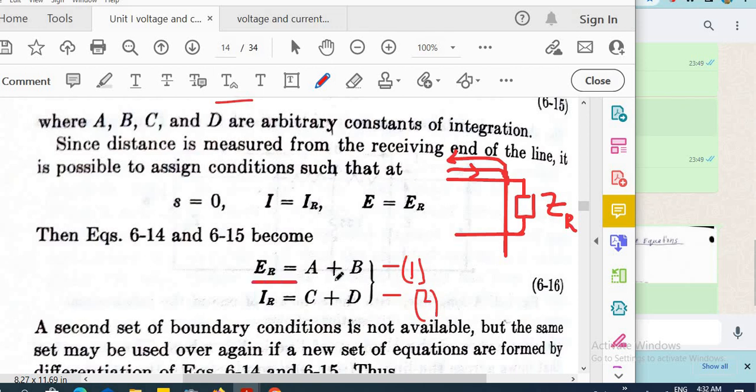In this voltage, reflected is B and incident is A. So B by A is the reflection coefficient at the load end.